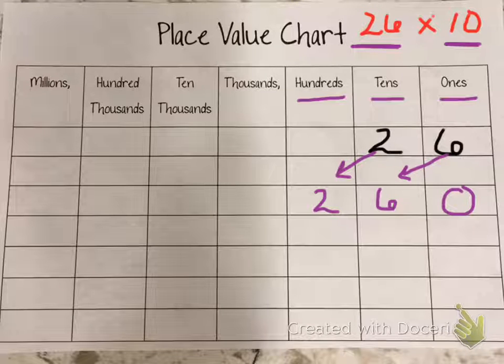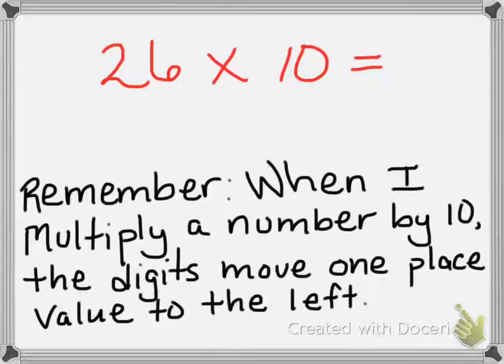So that in your brain, this is why this trick works. So when I'm looking at 26 times 10 and I don't have a place value mat, I take my 26, because I know 26 times 1 is 26.